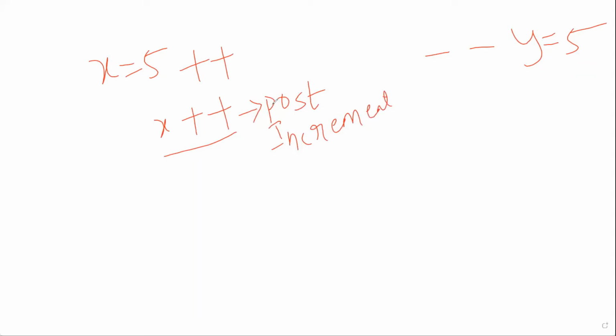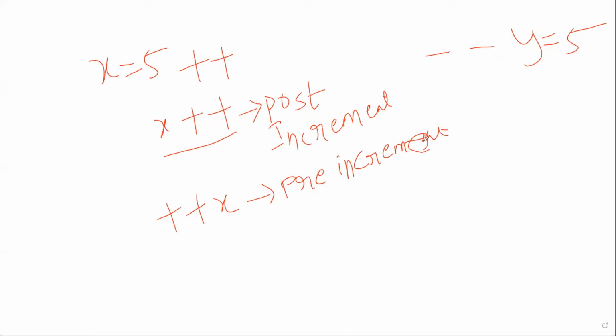Similarly, if I applied plus plus x, then I can say that it is pre-increment. So what is the difference between these two? Both are plus plus only, which is used to increase the value by 1. Then what is the difference between x plus plus and plus plus x?